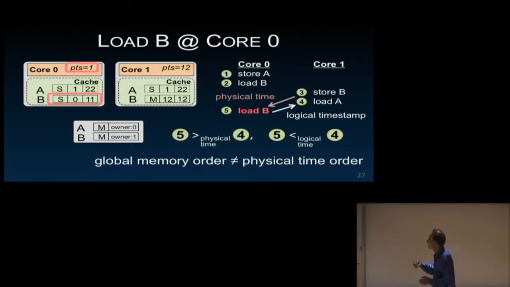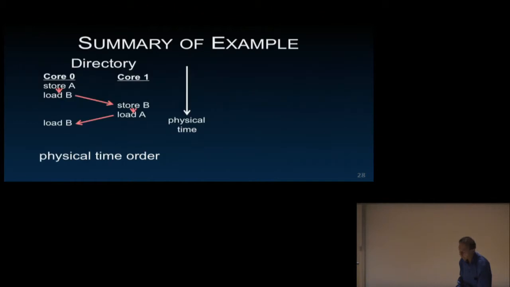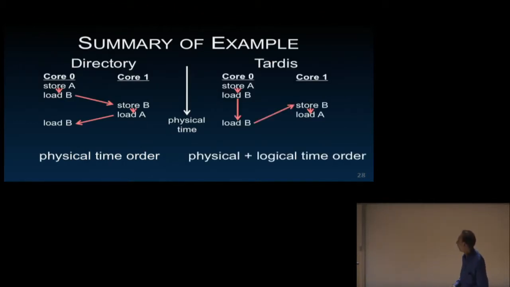But if you look at logical time, what really happened was that all of core 0 happened at PTS equals 1, and some of core 1 happened at 12. So really, the logical time for instruction 5 was before the logical time for 4, which was at time 12, all right? And this is fine because of the sequential consistency degree of freedom that we have. So that's the physical time that you saw.